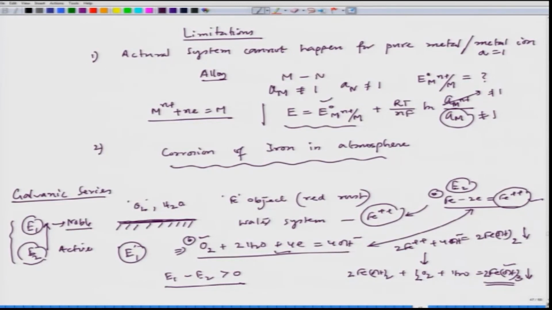If one is on top of the other, the one which is below will act as active and the one which is above will act as noble. And if this gap is very wide, say this E1 E2 position is here, since the gap is huge, there is a possibility of a higher degree of corrosion, or a higher degree of reduction as well as oxidation reactions.